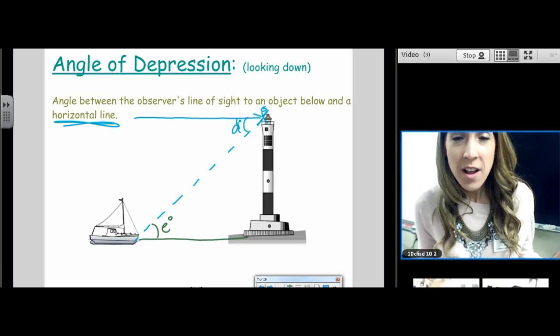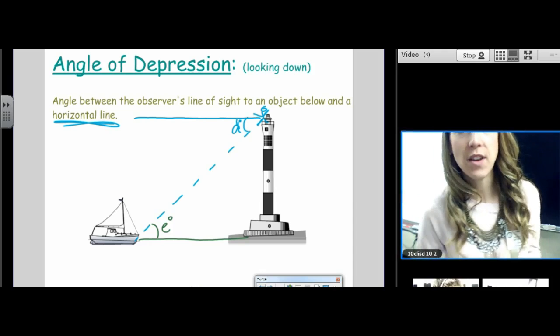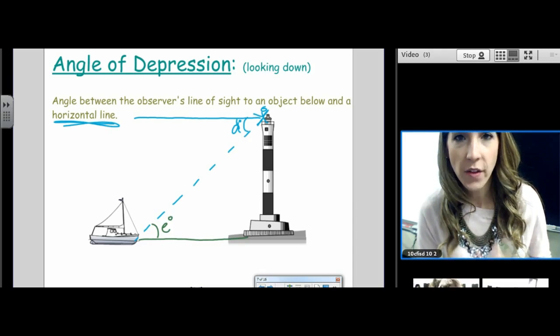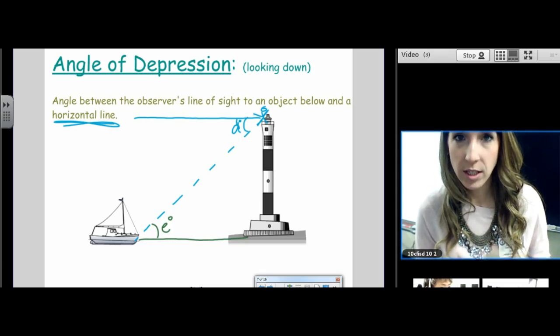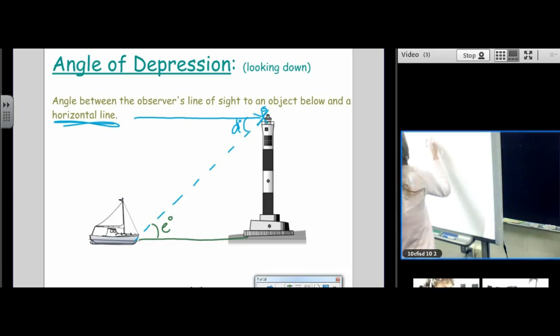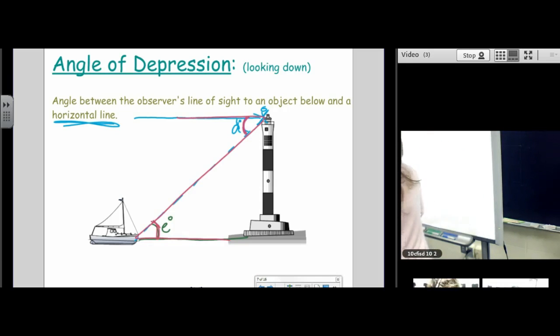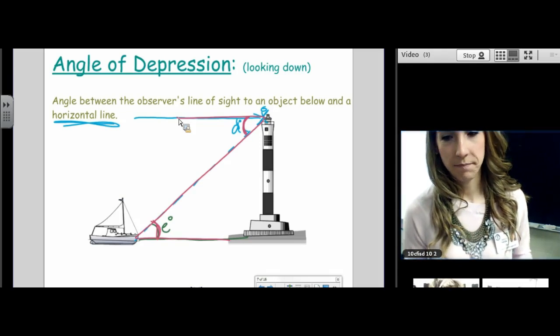That's awesome, because we don't have to keep track of, oh, this angle is 53 and then the other angle is 57. No, they are the same angle all the time, every time. The angle of depression is congruent to the angle of elevation. And the reason why is because they are alternate interior angles. It makes the letter Z.